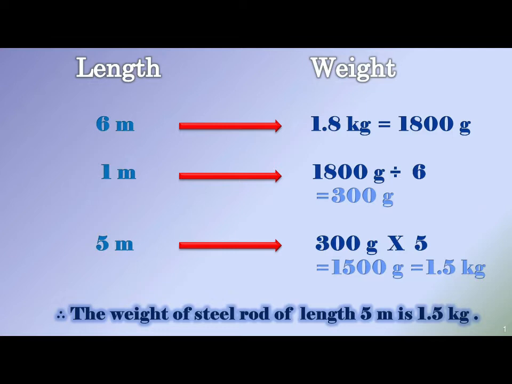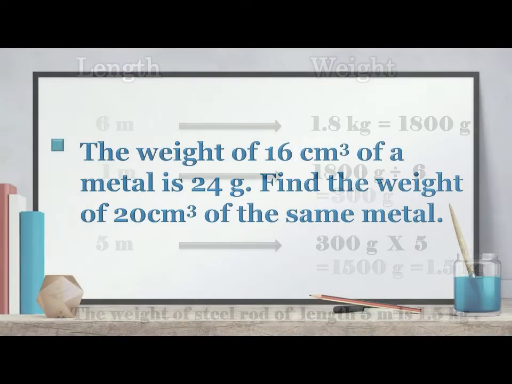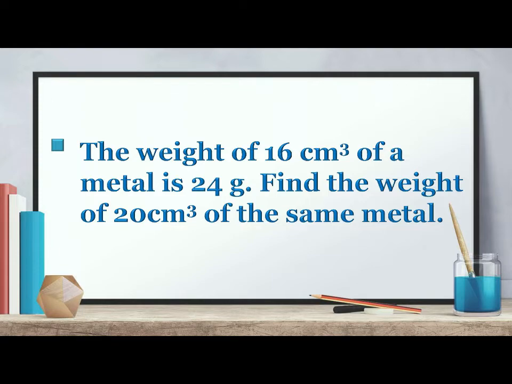Then we can get the answer as 300 grams. Now we want to find the weight of the steel rod of length 5 meters. Therefore, you should multiply the weight of 1 meter by 5. Then you can get the answer as 1500 grams. The fourth example, the weight of 16 cubic centimeters of a metal is 24 grams.